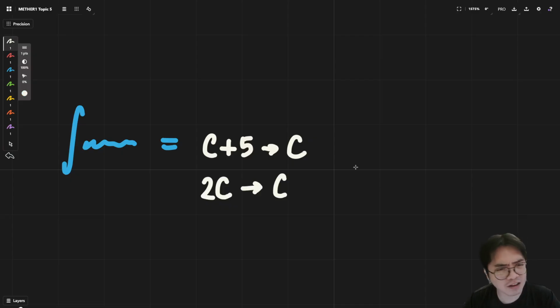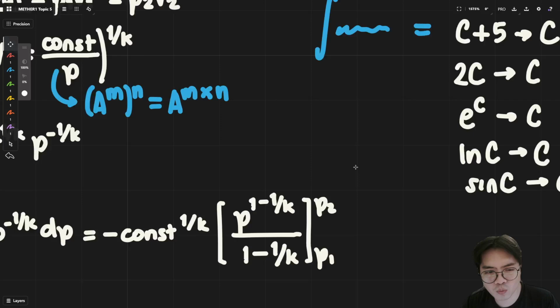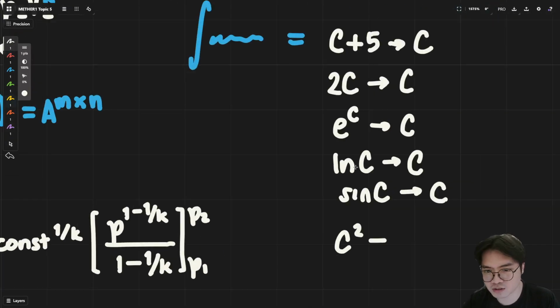It kind of functions like infinity if you think about it. Say e raised to c, e raised to some number is just another number. Ln of c is just another number. Sine of c is just another number. c squared is just another number.